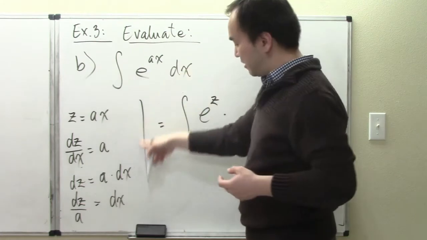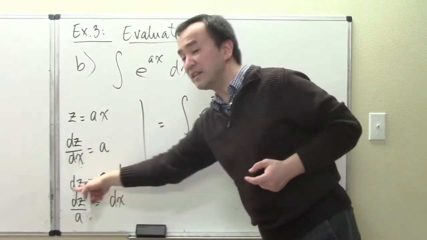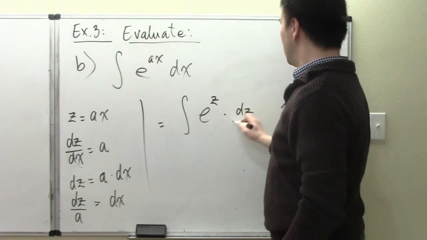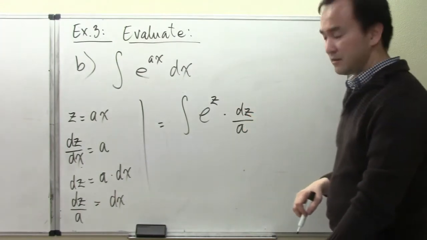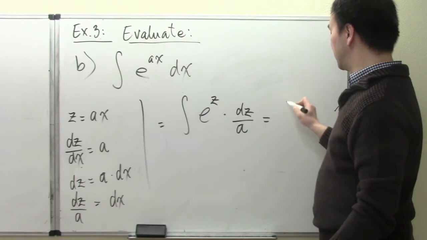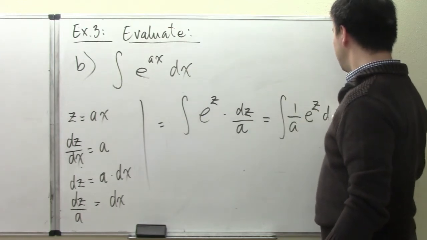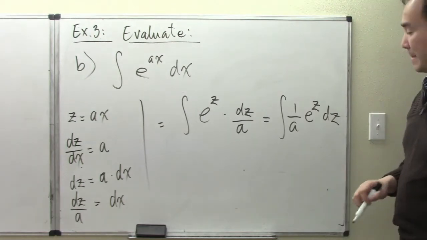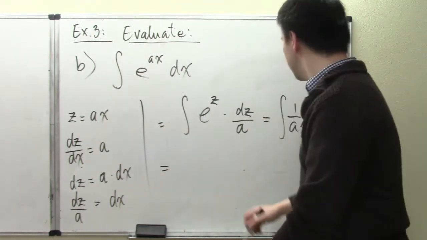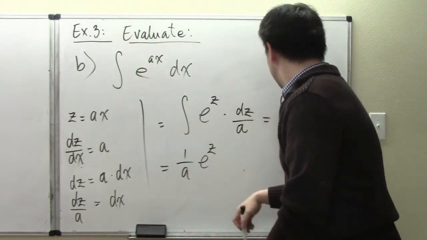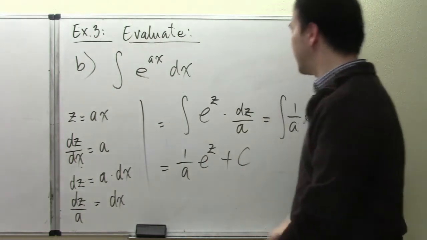But dx now can be substituted by dz over a. So dz over a. Okay, and so now I can see this as really 1 over a times e to the z dz. Okay, and so my final answer is here. 1 over a times e to the z, plus c. That's my antiderivative for that.